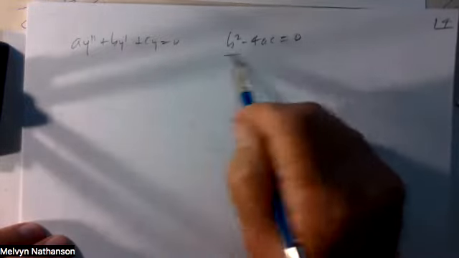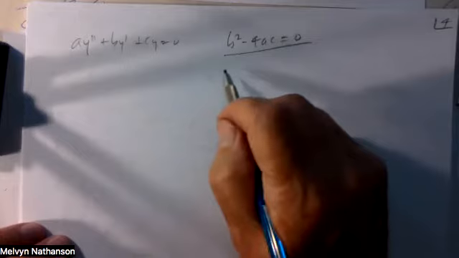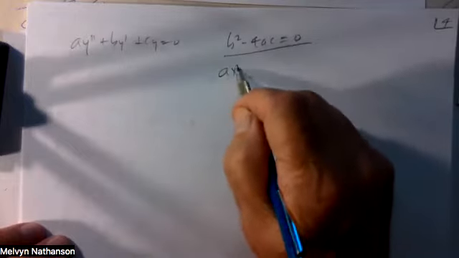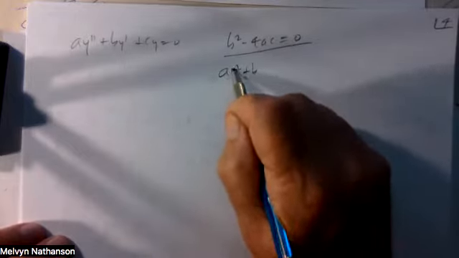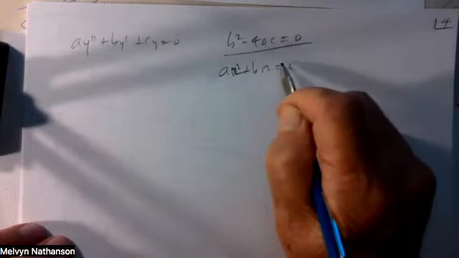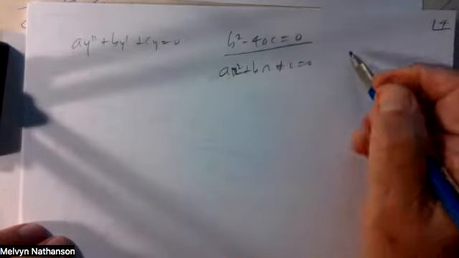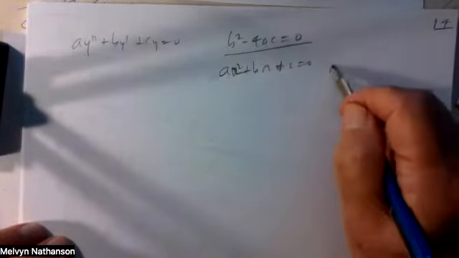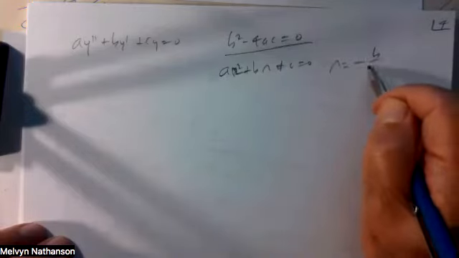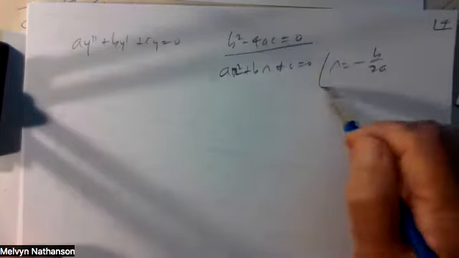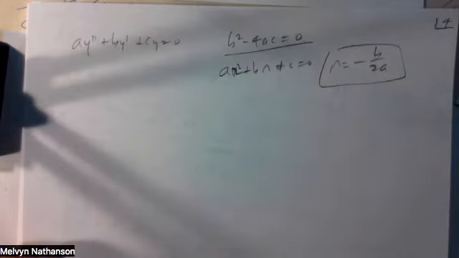All right, so this is the case we're considering. And if you look at the characteristic equation, ar squared plus br plus c equals 0, r is equal to just minus b over 2a. There's only one solution.